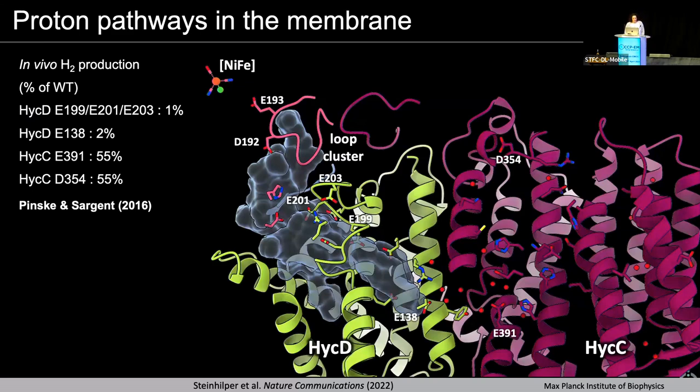And so again, this is pointing to a very fundamental importance of substrate protons in the coupling mechanism within the complex 1 superfamily. And so, of course, future studies are needed to really understand exactly how that works, but we still think that this is giving us some important new hints.